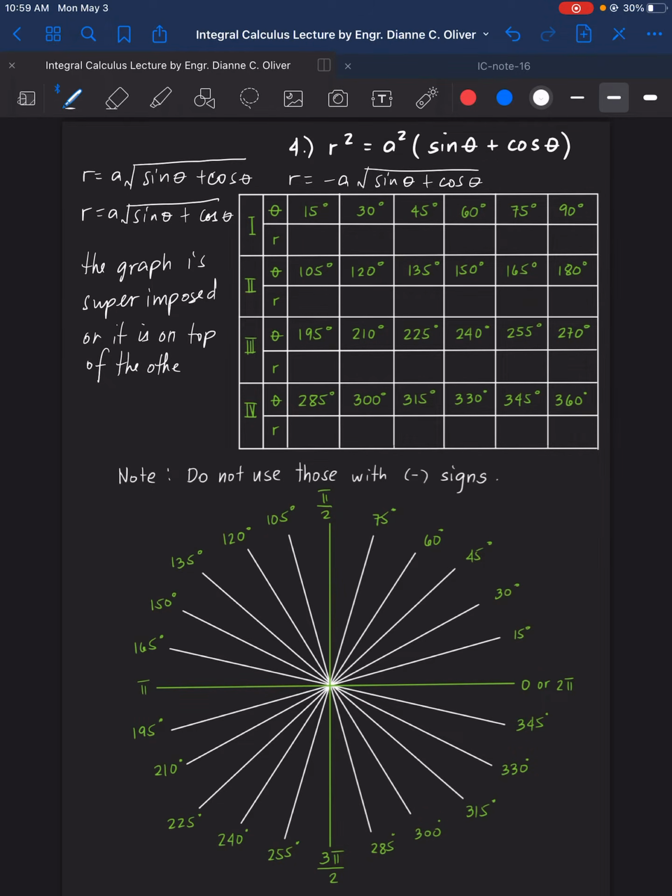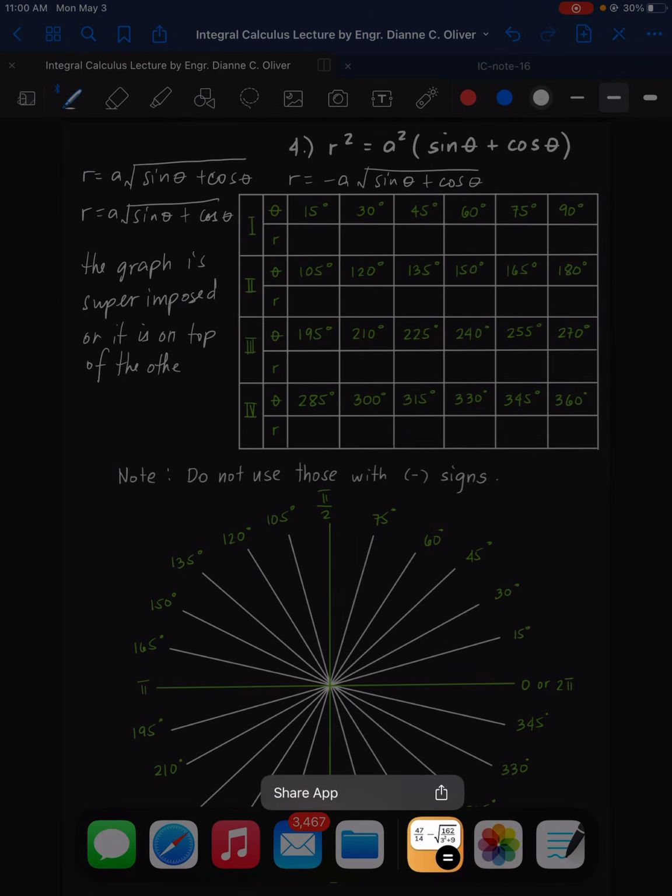So the graph is superimposed, or it is on top of the other. Therefore, whatever area that we will solve in this problem is multiplied by 2 because there is a superimposed graph here, or it has 2 roots. Okay? Now, let's have the table.